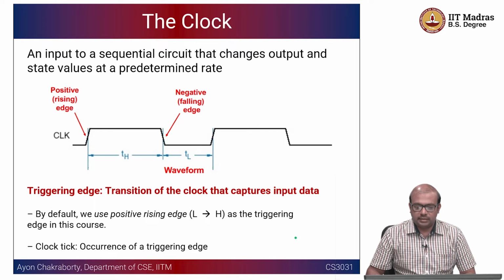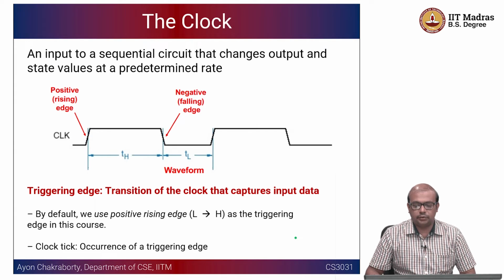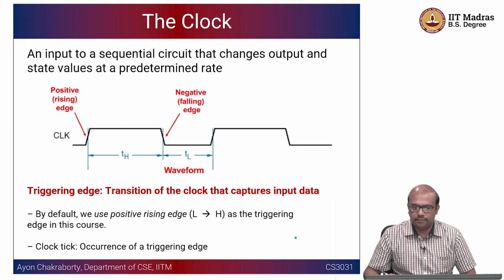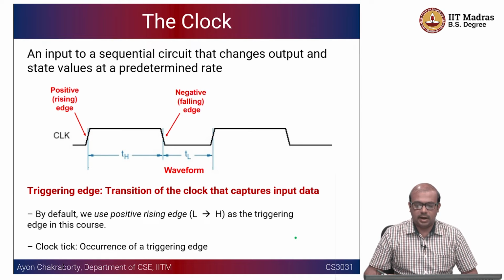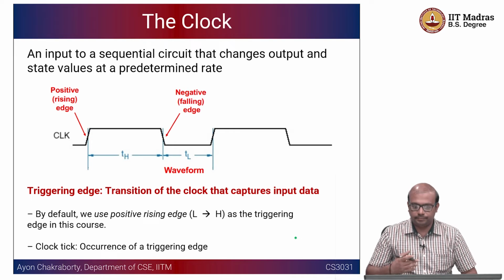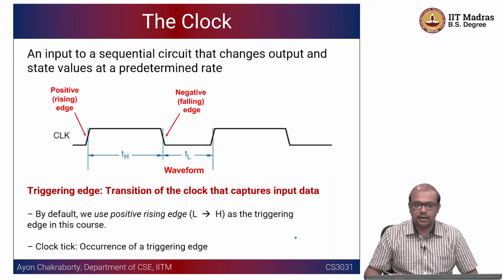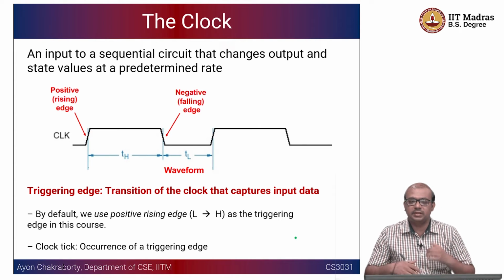So I will digress a bit. There is a new concept that has to be understood in order to move on to a new kind of circuit elements, which are sequential circuit elements called flip-flops. So we want to introduce you to the concept of a clock. As I told you, in a sequential circuit there is a temporal concept: what happens next, what happened before this, and so on.